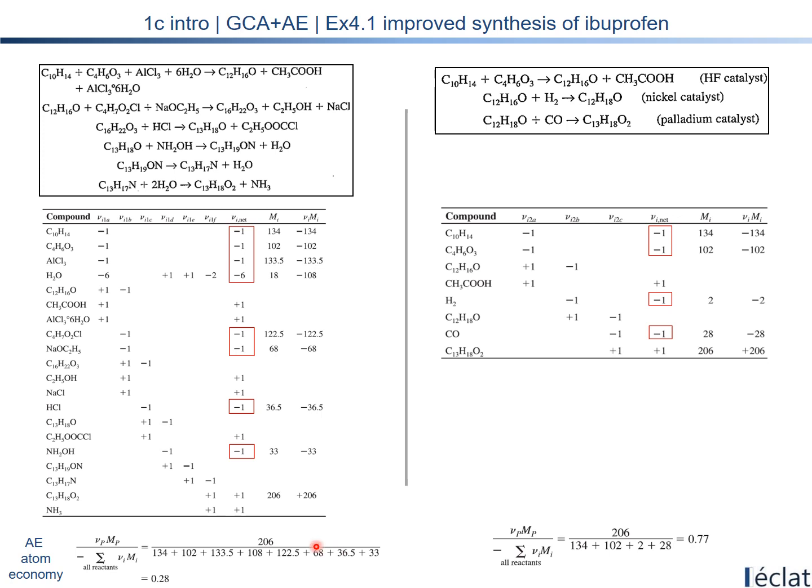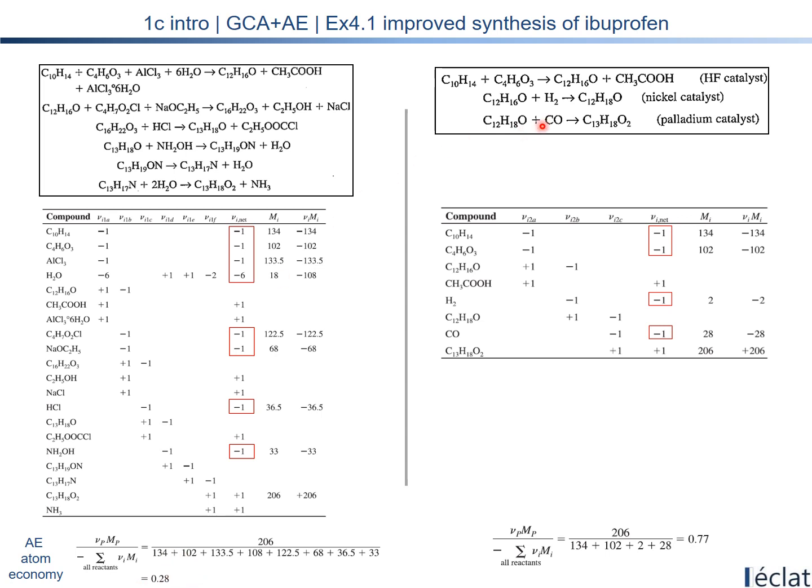So the atom economy is calculated at 28% or 0.28, which means 28% of reactant is converted to the product. So the atom economy of the first process is 28%.